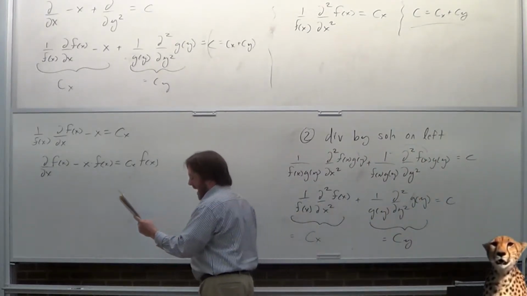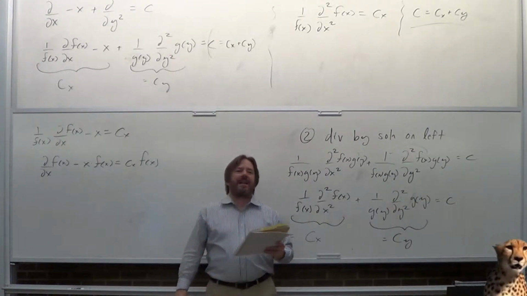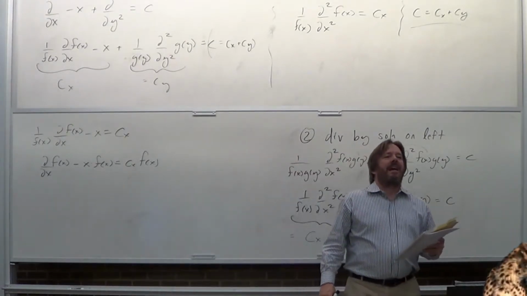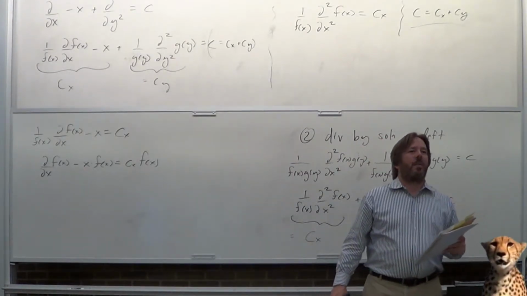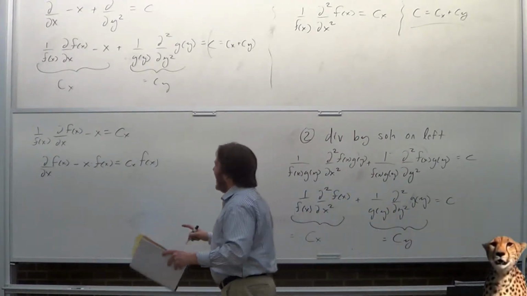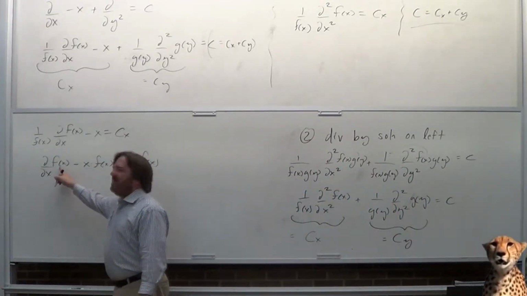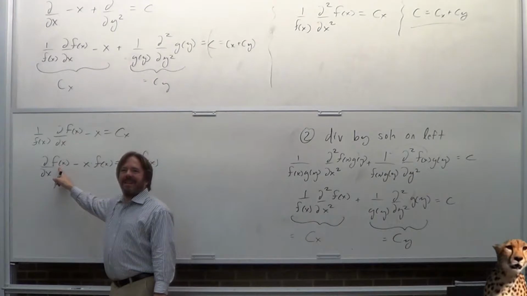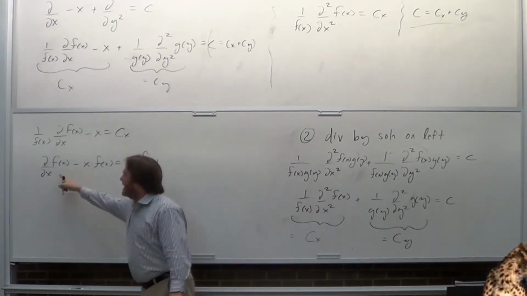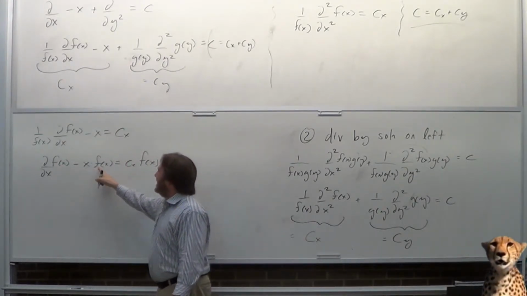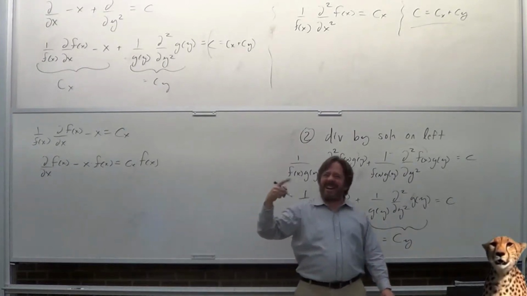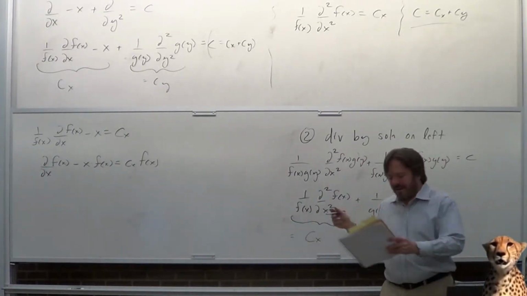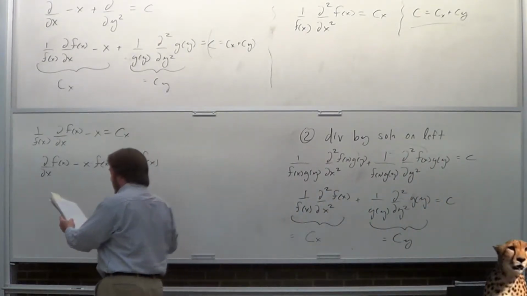And, oh, by the way, just to give you a hint, the answer is going to be like e to the x squared. Right? Can you see that? The derivative of e to the x squared is going to be x e to the x squared. Anyway, hopefully you can see that coming. Anyway, but I'll prove it.